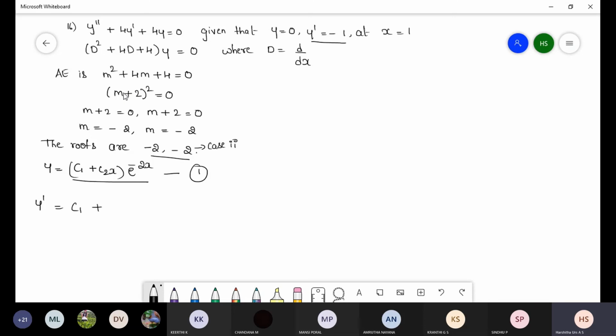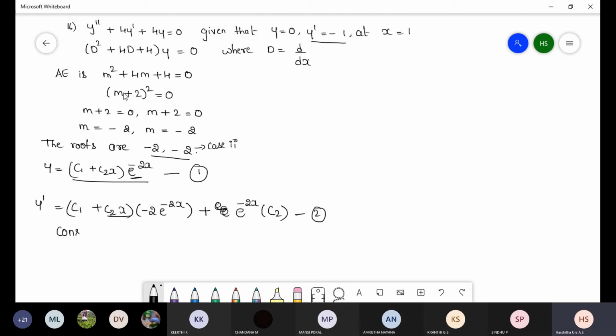First, I write C1 plus C2x as it is, times the differentiation of e power minus 2x, which is minus 2 into e power minus 2x, plus e power minus 2x as it is times the differentiation of C2x, which is C2. Let us call this equation 2.